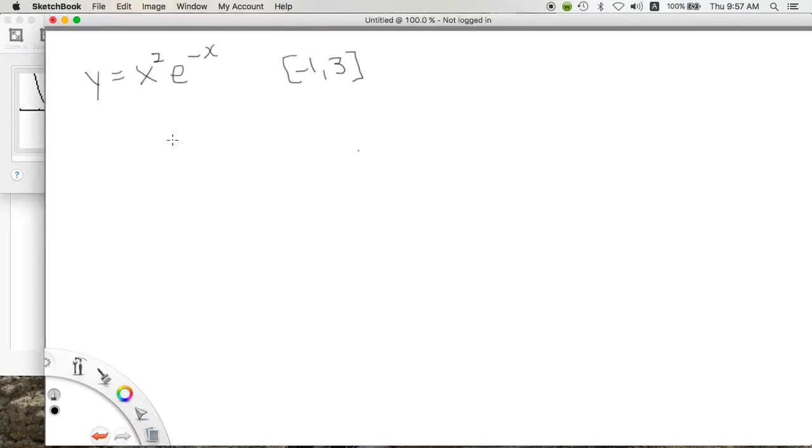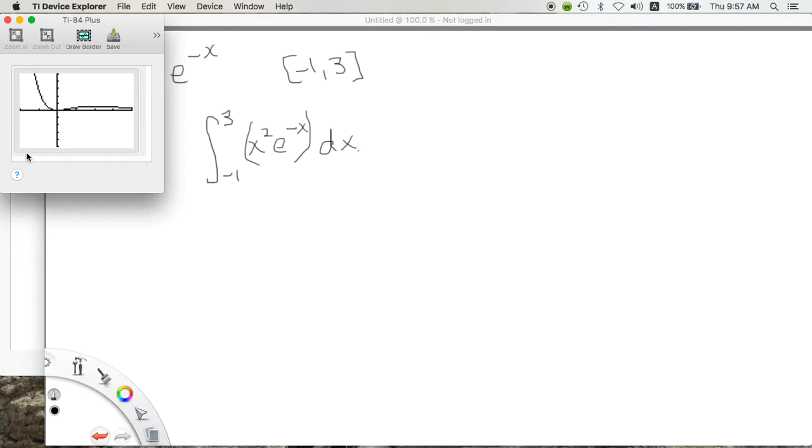Well, what we're looking for is the integral from -1 to 3. It doesn't cross the axis, so we're good there. Of x squared e to the negative x dx. This is what we're looking for. Now what we can do is type this in our calculator. So go back to the home screen and then hit math, and it's number 9. It says fnint, or something like that.